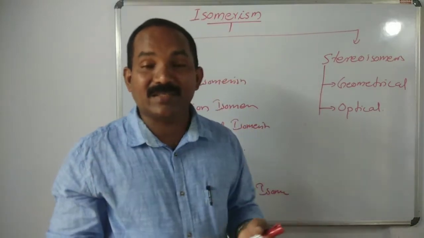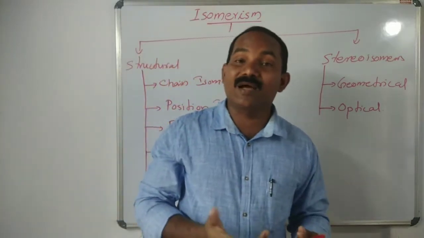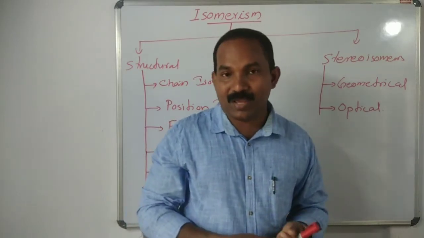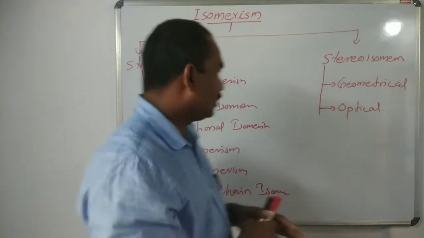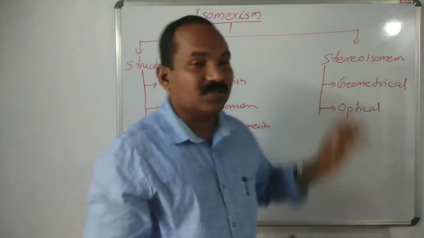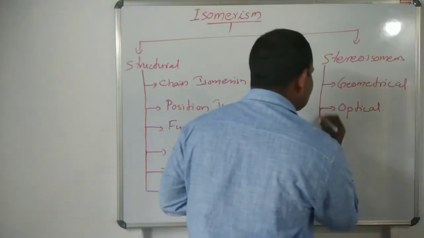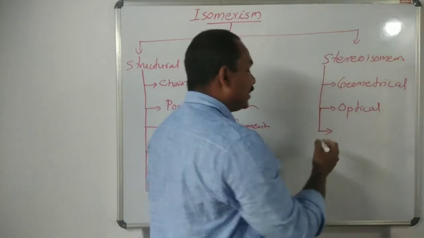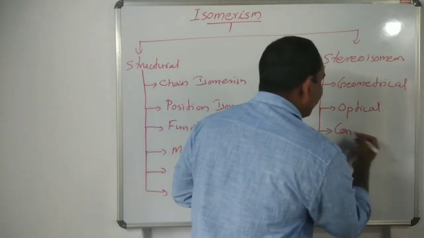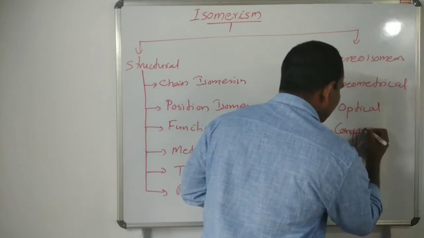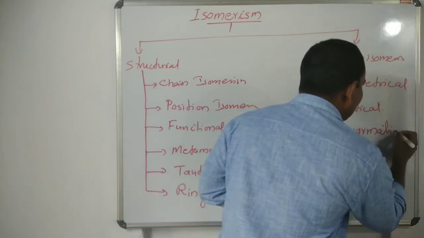You will learn these in the +2 classes. In +1, we cover structural isomerism and stereoisomerism. One more isomerism in stereoisomerism is conformational isomerism.